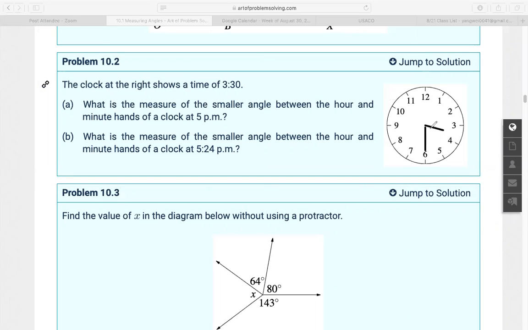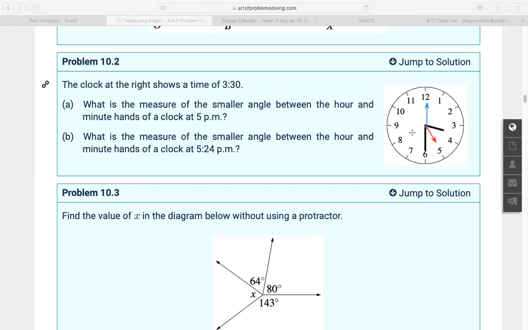For 5 o'clock, the hour hand will point to, now let me draw like this, the hour hand will point to 5. Then the minute hand will point to 12. So for each adjacent hour, like from 12 to 1, that's 30 degrees, because the face of this clock is 360 degrees.